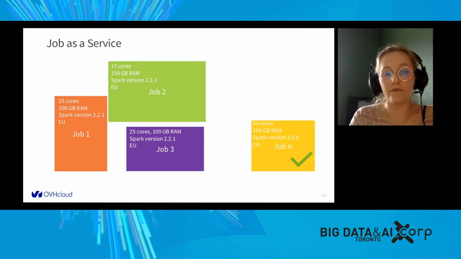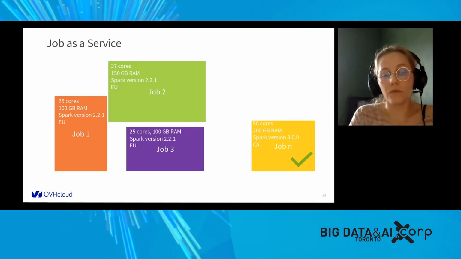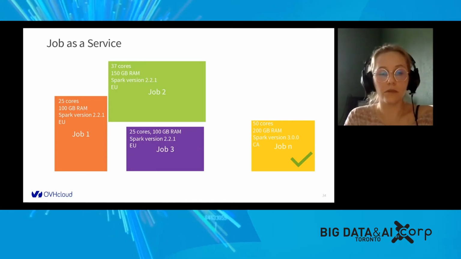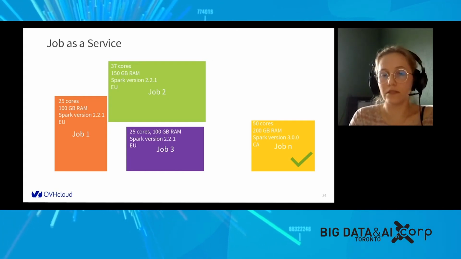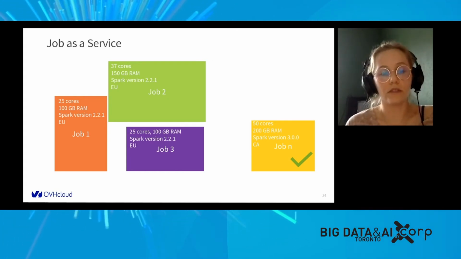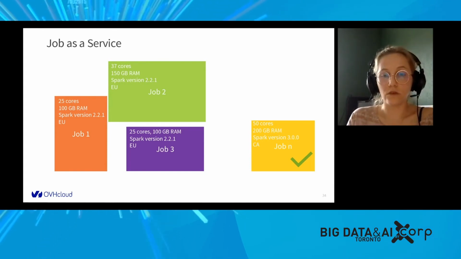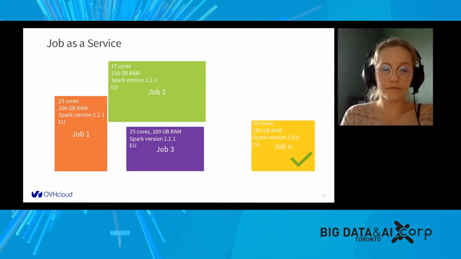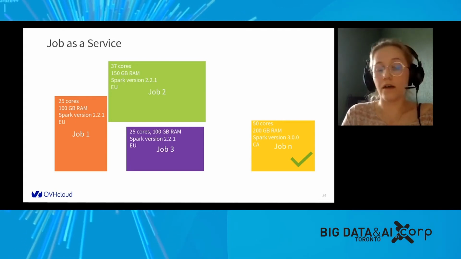You can have different Spark versions simultaneously, and you can spawn different jobs in different parts of the world without any problem. So it's a way more flexible way to think of data processing with Spark, because you just have to focus on your job, one job at a time. And of course, you're only paying for what you're actually using.